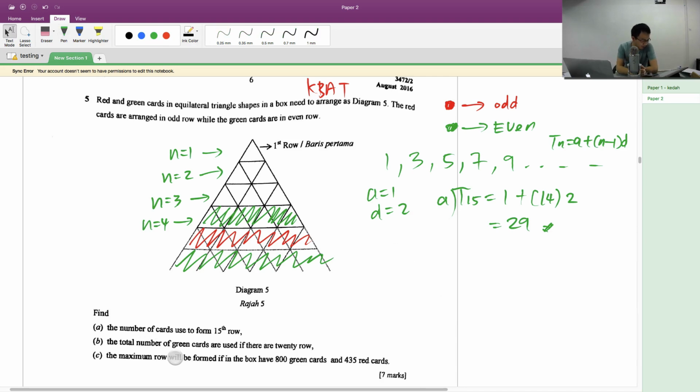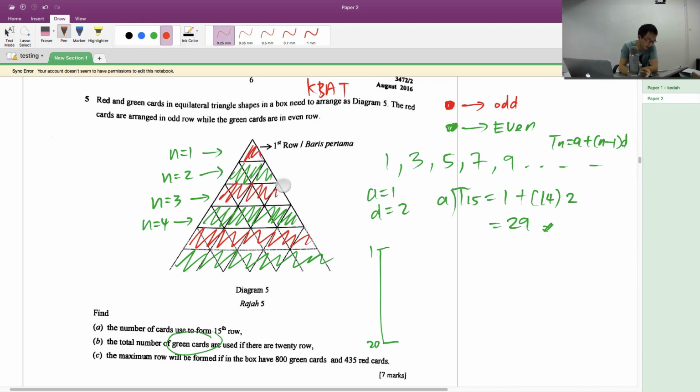The total number of green cards used if there are 20 rows. So that means now you have to imagine, from first row to 20th row, how many green ones do we have? Because green only happens on the even number, isn't it? Let me just draw it back.